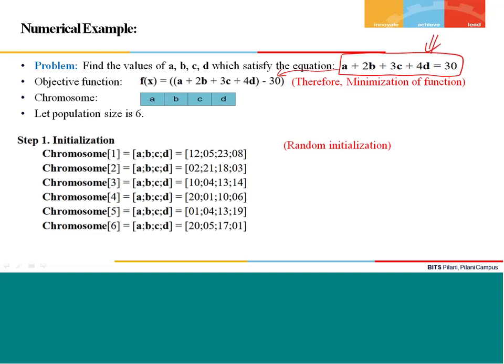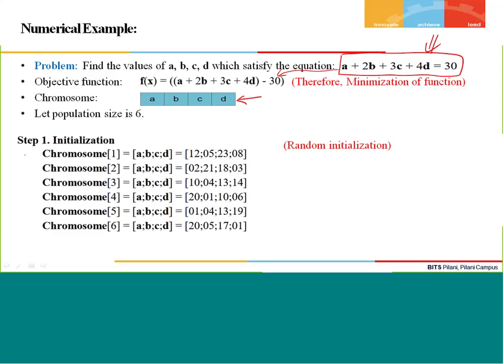That's obvious, because if you take greater than 30, then obviously, since I am considering only positive numbers here, that will not satisfy. So the feasible range of my numbers is between 1 and 30. My chromosomes will resemble this: my chromosome has four genes a, b, c, d, and each gene can take a value between 1 and 30, right? So randomly I initialize my first generation.